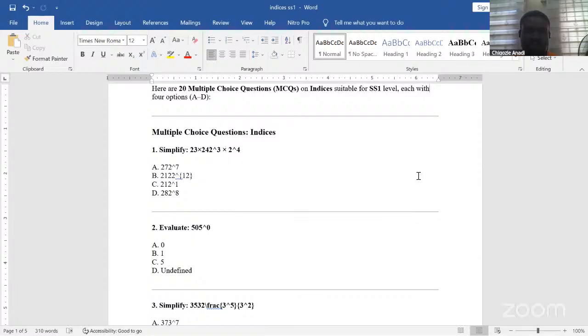This is a multiple choice question, just 20 questions on this. Can you start solving? Solve question one and tell me what your answer is.